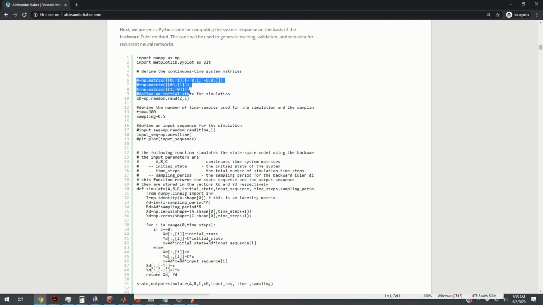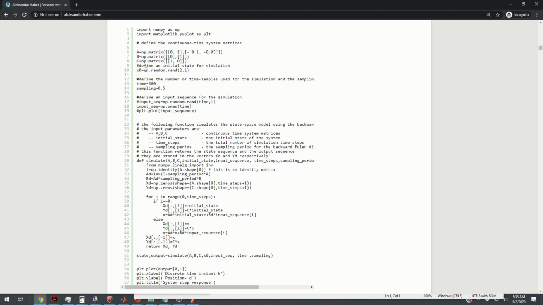The system matrices are represented using this format. And to simulate the basic system response, I assume a random initial condition. I choose the time samples, total 300 for example, and I'm choosing the sampling constant, or the H constant, equal to 0.5.